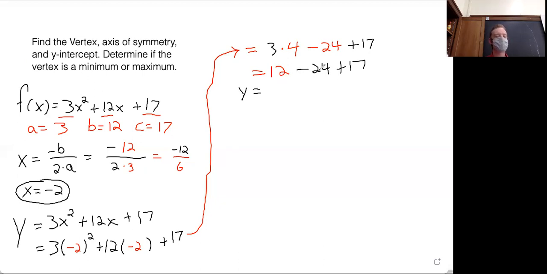So 12 minus 24 gives us -12. -12 plus 17 will be a +5 right here. So that means with these two numbers, my vertex is going to be the point -2, +5, because that's the x value that we calculated first and the y value that we calculated second.